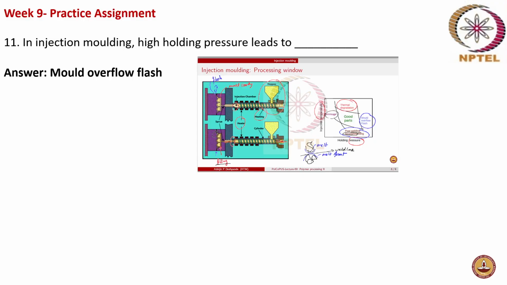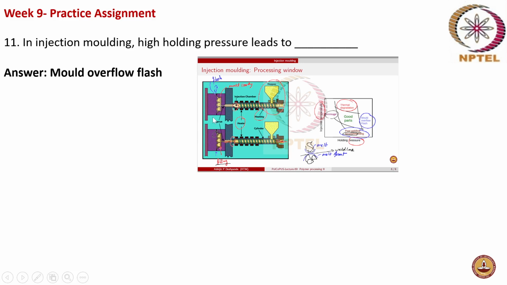The molten polymer is pressurized and then passed through the mold. So when the holding pressure inside the mold is very high, this portion is your mold. When the polymer melt is held in this mold during the injection molding process, there should be some pressure to hold it, because there is some small, complex shape in the mold.